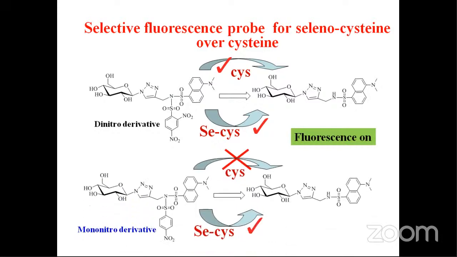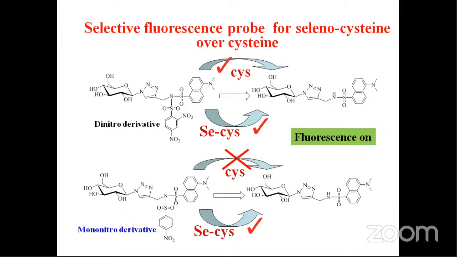And next, I have the mono derivative. Now I have changed it to the mono derivative, with only one nitro group at the para position. So that is the mono nitro derivative of benzene sulfonyl. For this synthesis, again the same procedure as I explained in the previous slide.